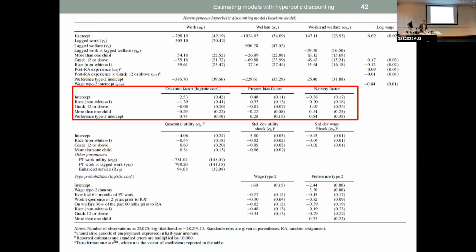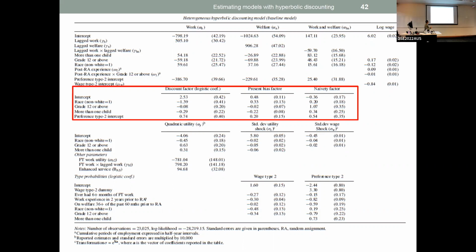And model parameters, I won't go into details, but I just want to point out that the discount factor will differ by demographic characteristics as well as this type-specific intercept. And the same for the present bias factor and the naivety factor. And there is work preferences, welfare preferences, and some combination of preferences that differ by demographic characteristics as well as by the type-specific intercepts.